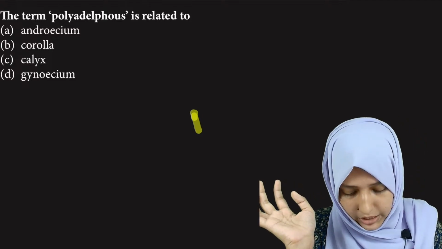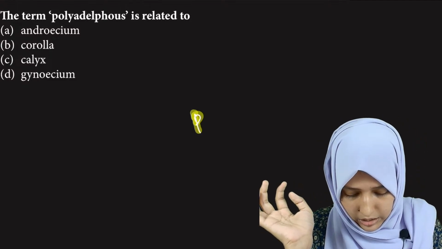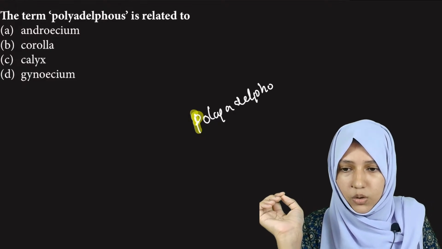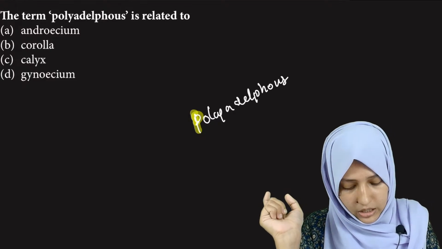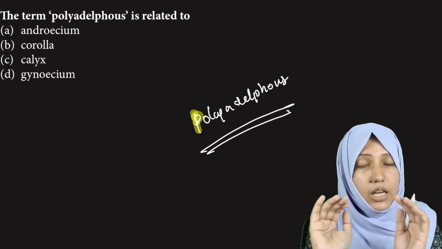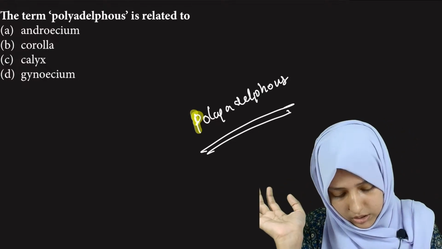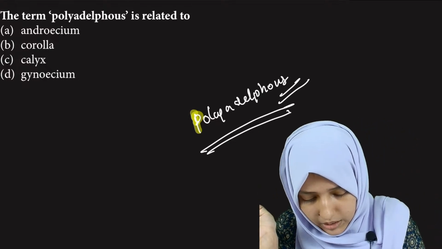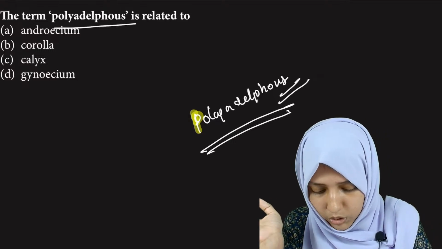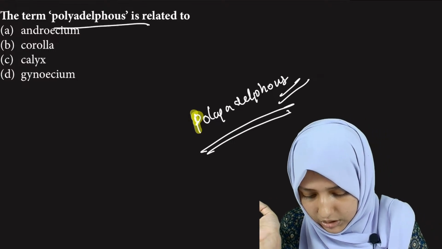If they are free, then they are known as polyadelphous. Just this you have to remember: if they are not fused and they are free, then they are known as polyadelphous, and it is about androecium.